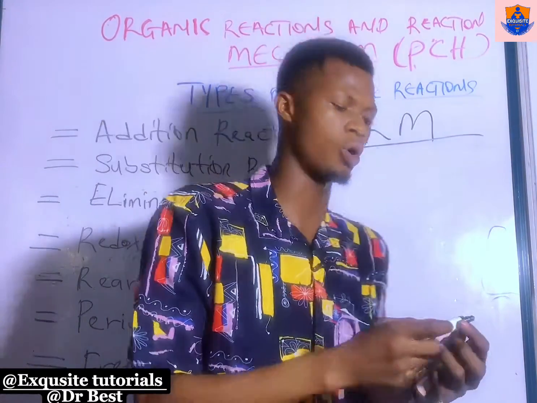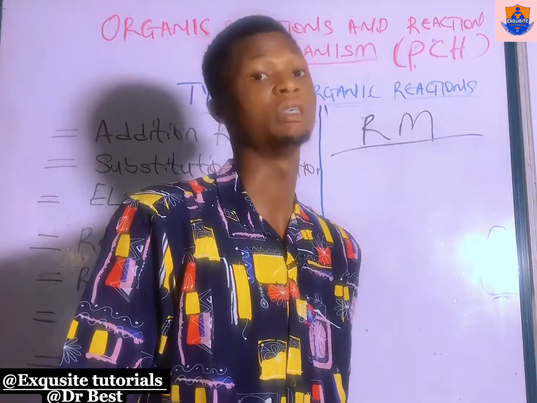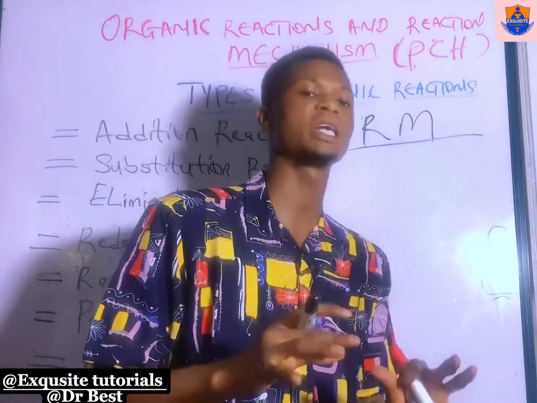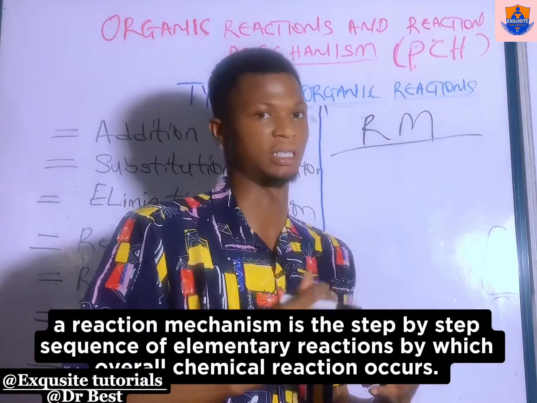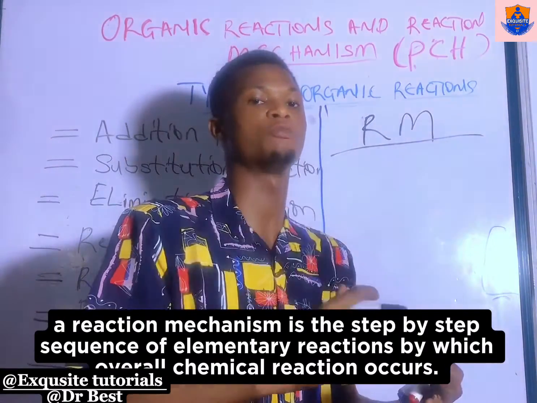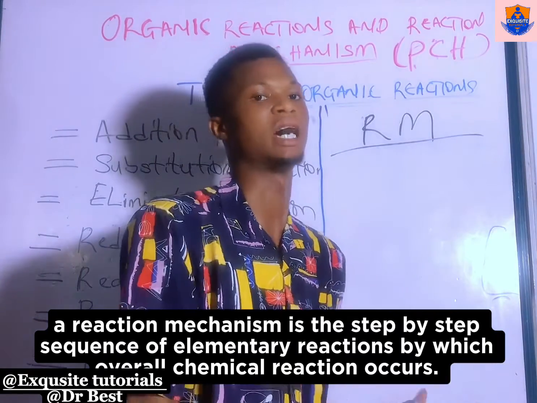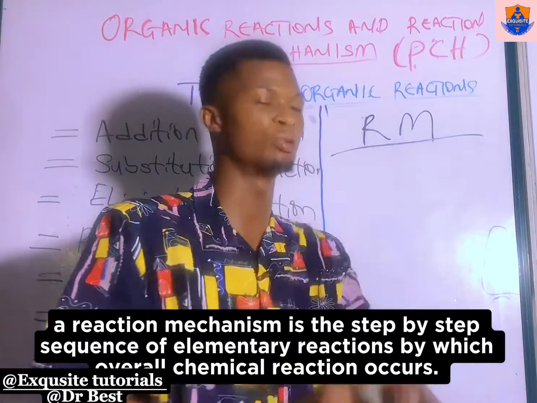Now, what we'll consider as a reaction mechanism: reaction mechanisms are the step-by-step processes involved in the transfer of bonds from one atom to another, leading to the formation of a product.